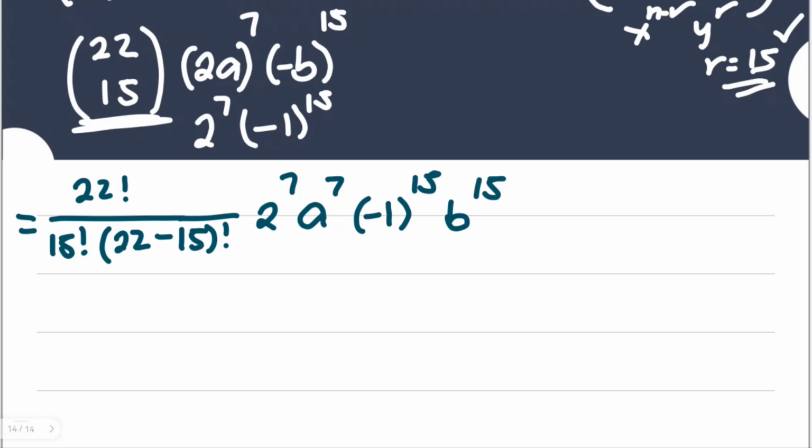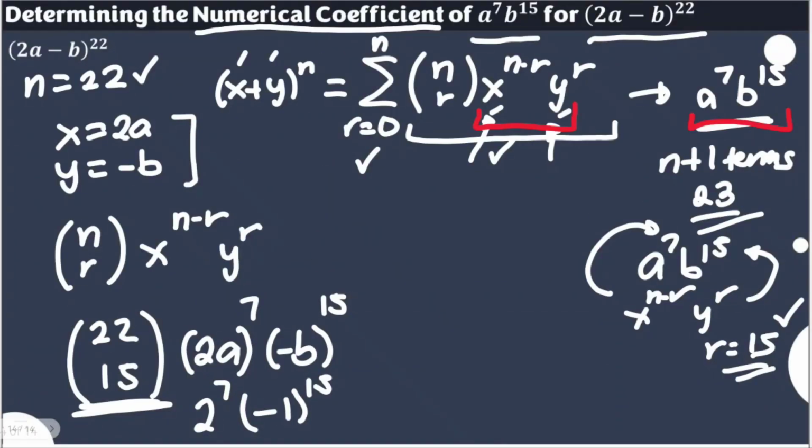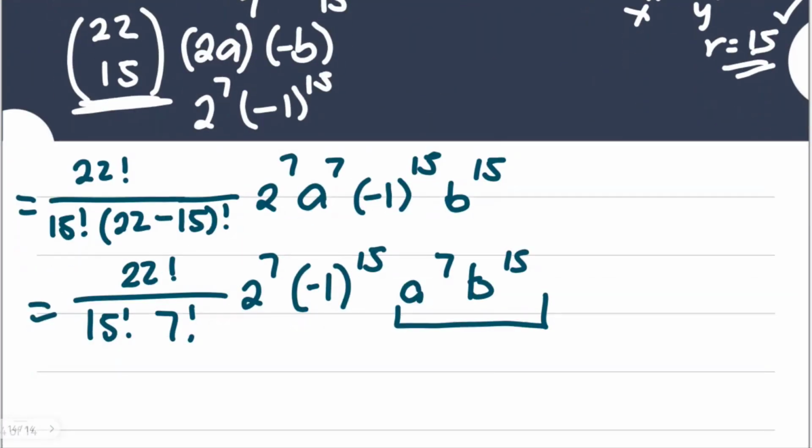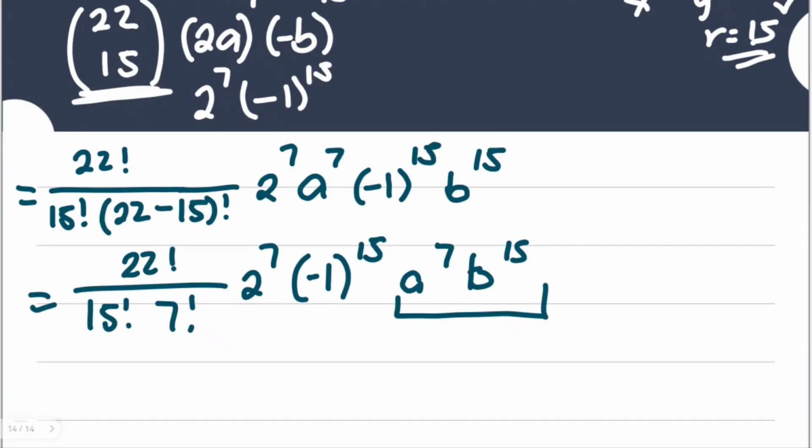So we have 22 factorial over 15 factorial times 7 factorial, 2 to the power of 7, negative 1 raised to the power of 15, a to the power of 7, b to the power of 15. We don't need to include the literal part in our answer because we only asked about the numerical coefficient, but we are writing it to be guided that this is our intended target and that we are following the process.